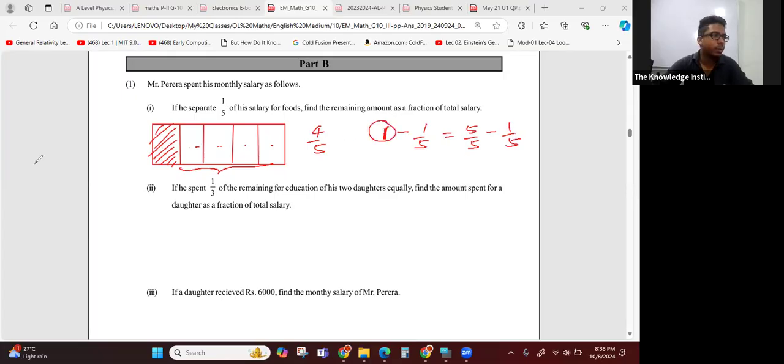So you get the same value. Then the common denominator is 5. So 5 minus 1 is 4 over 5. Therefore the remaining is 4 out of 5. So can we mark?